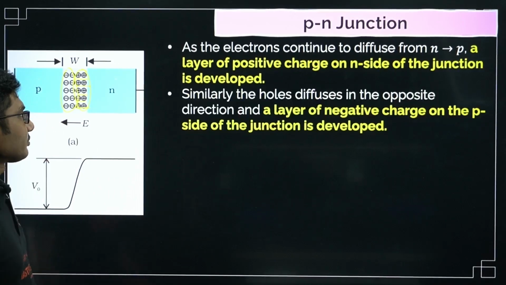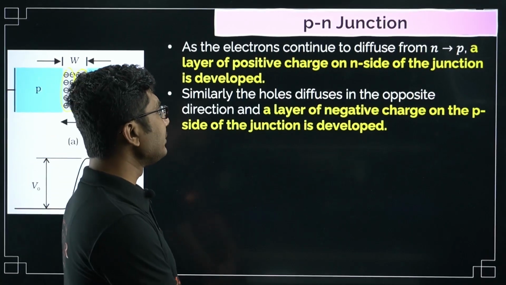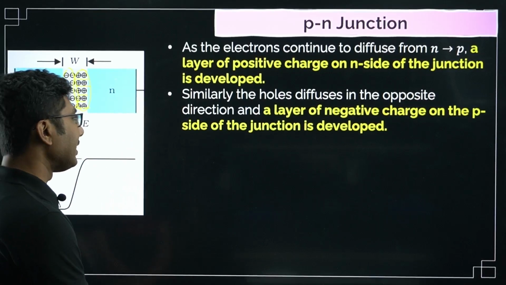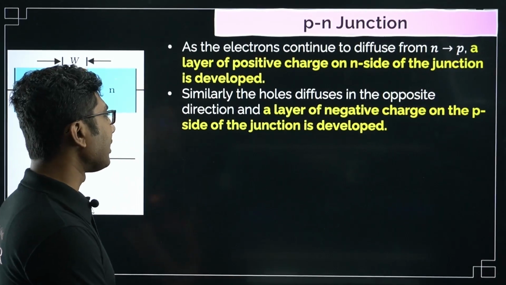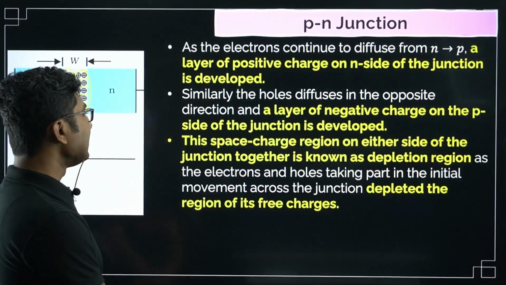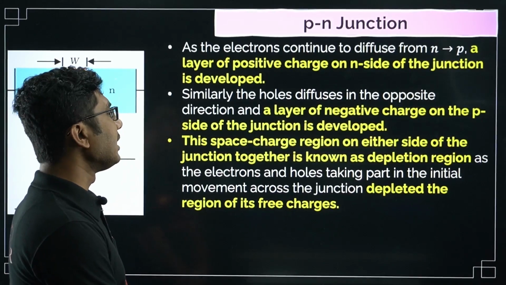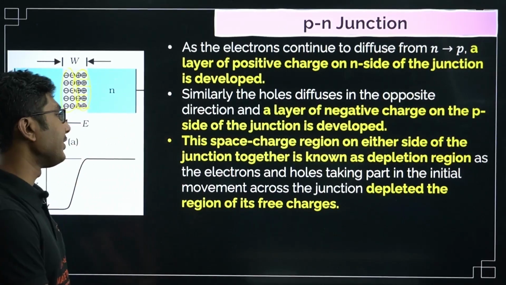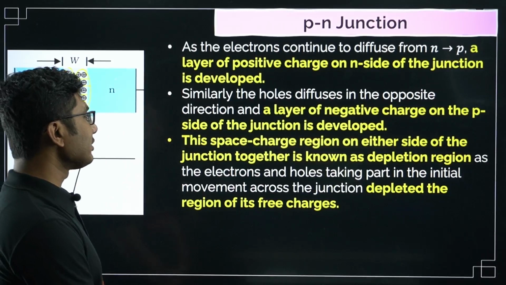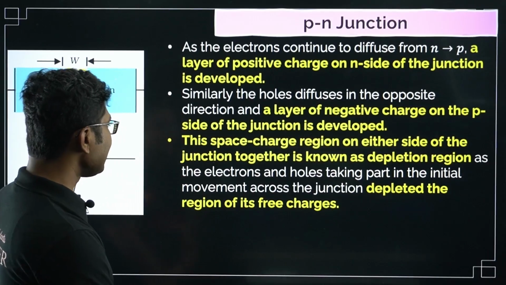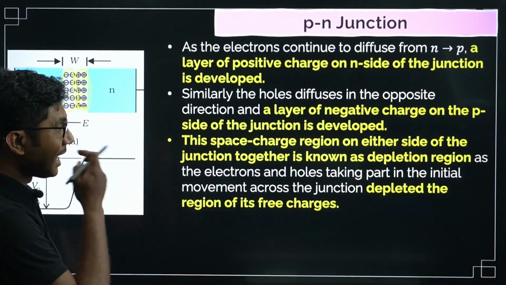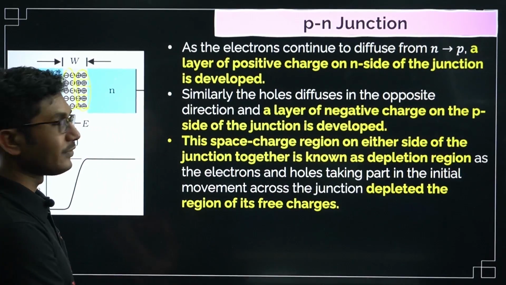Similarly, the holes diffuse in the opposite direction and a layer of negative charge on the P side of the junction is developed. This space charge region on either side of the junction together is called the depletion region, as the electrons and holes taking part in the initial movement across the junction depleted the region of its free charge.